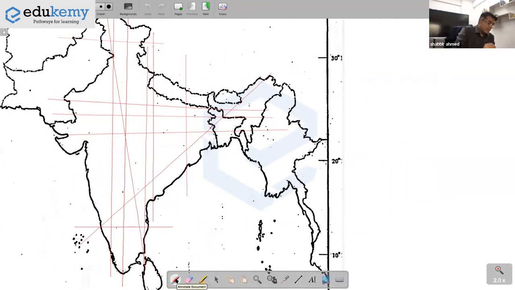We have done with the western rivers here. Okay, if you remember, River Luni, this was Jaipur, this was Alwar, approximately this is Jodhpur and Sambar Lake here. It comes down like this and like this.